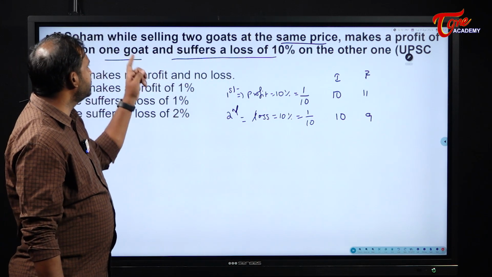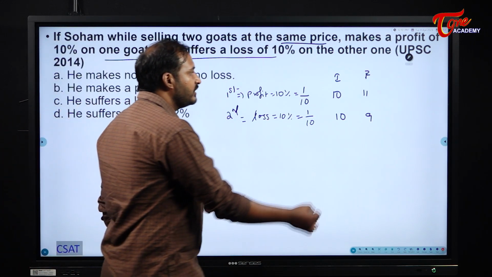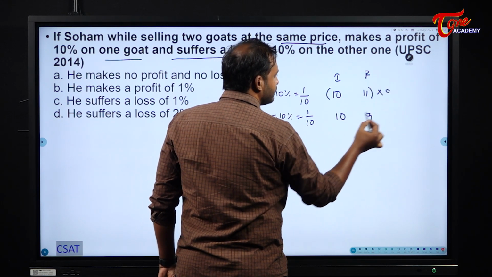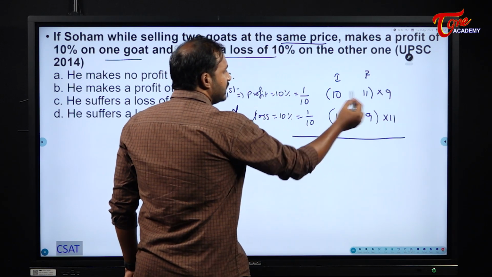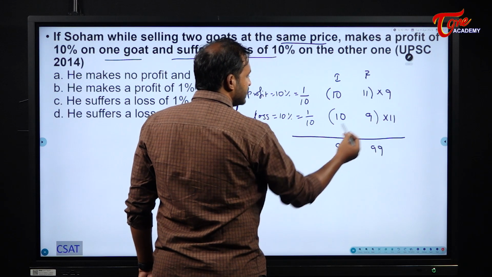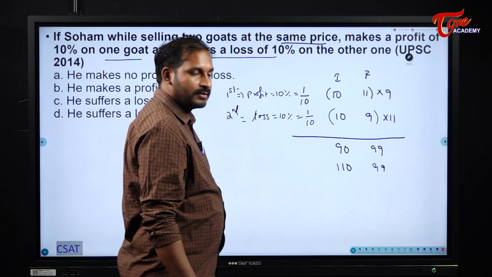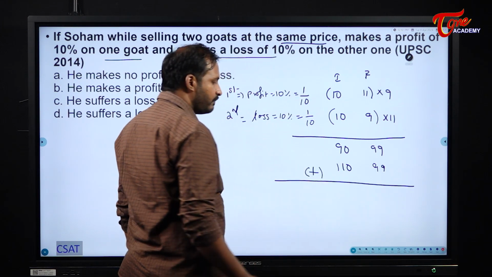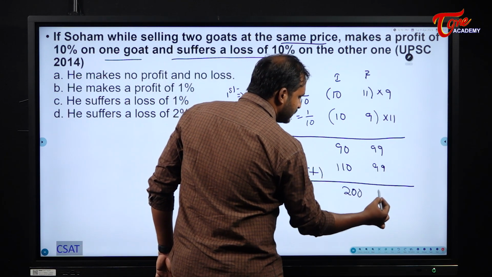Now, please see what is equal here. Selling price of both the goats is equal. That means I need to equalize these final prices. How can I equalize them? I will multiply this with 9 and this with 11. So, what happens when I do that? This will become 110 and 99, and the other 90 and 99. Overall, when I add the initial values, it will become 200. When I add the final values, it will become 198.